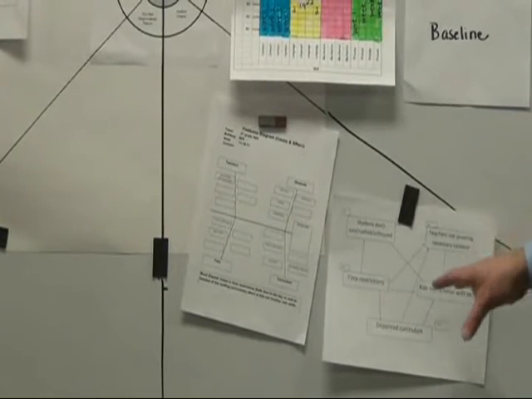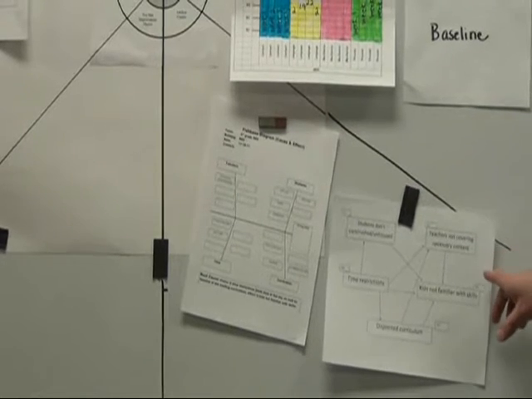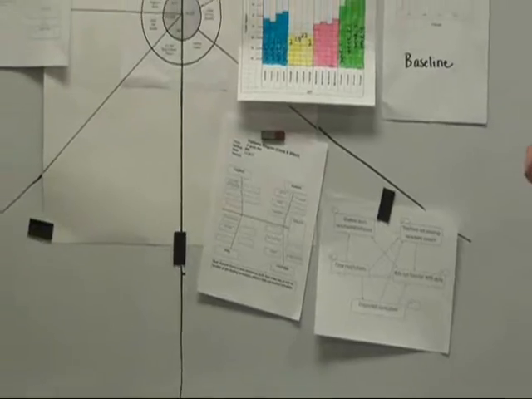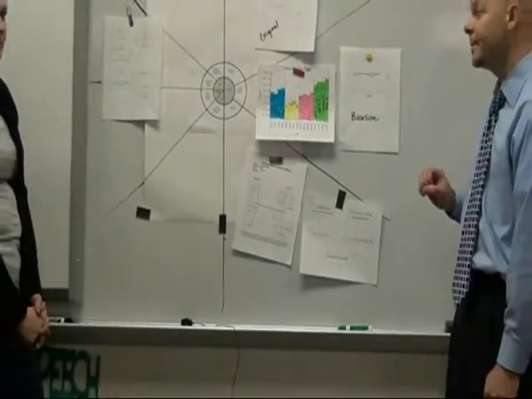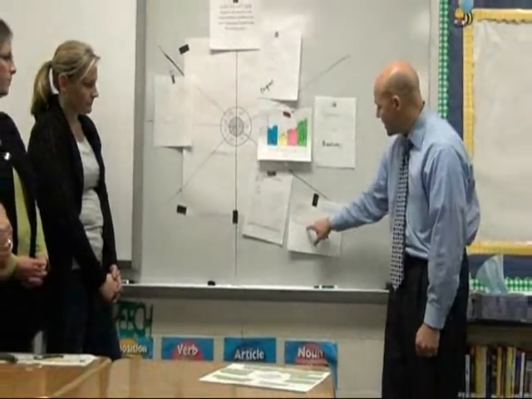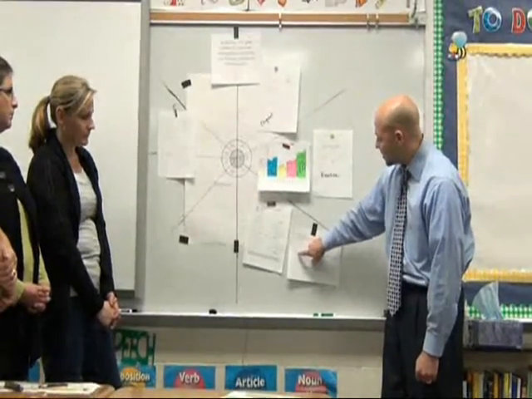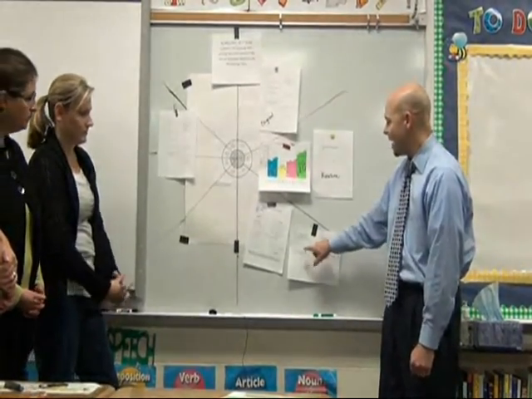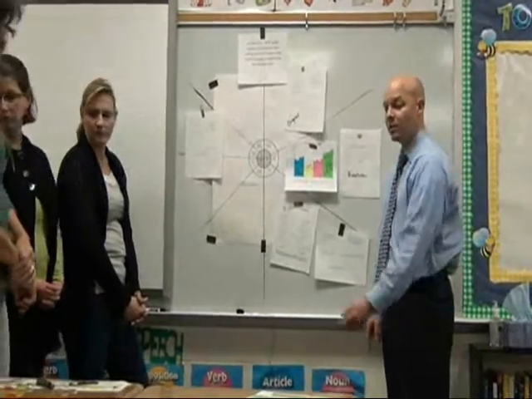So what did we determine was a root cause for the results that we were getting when we collected our baseline? It was the time restrictions. So we really focused on time restrictions because we decided it was influencing all of these other factors. Out of that, we did some research. We captured an improvement theory.